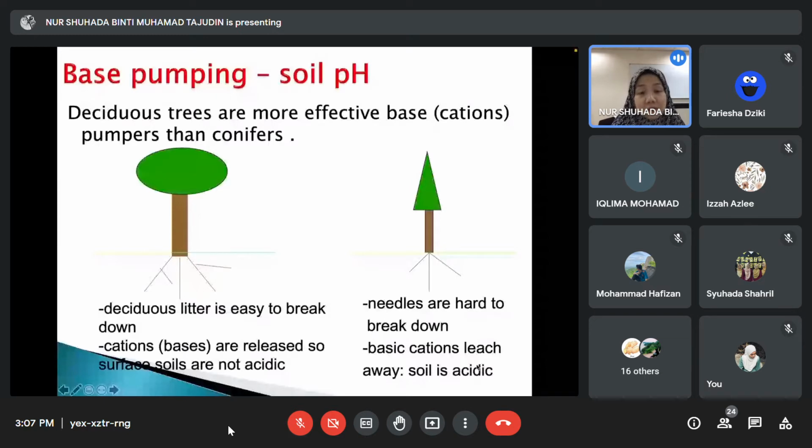The cations, the bases, are released, meaning that the soils are not too acidic. But needles, like conifers, the leaves are hard to break down because they are thick. So basic cations leach away and usually the soil is acidic. So it determines the chemical properties of the soil.